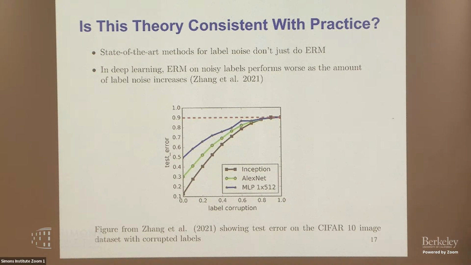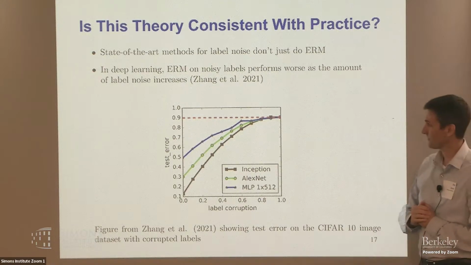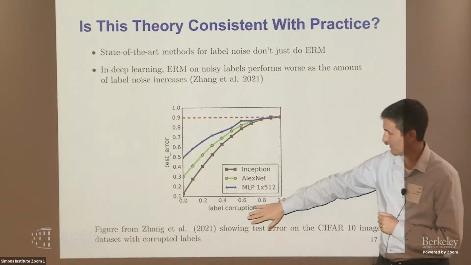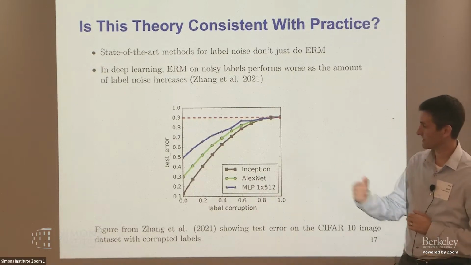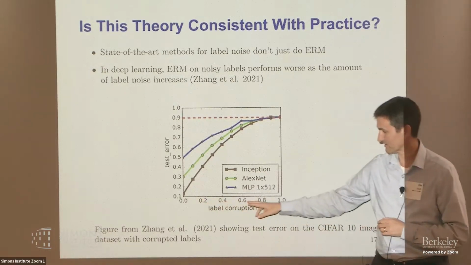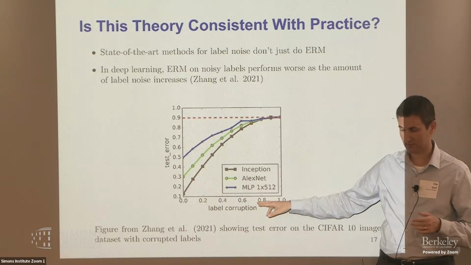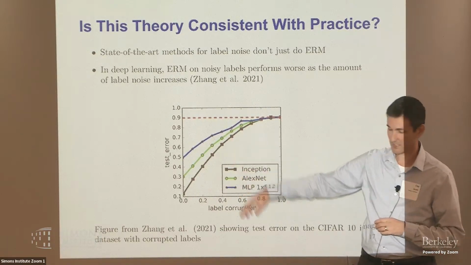For another thing, in deep learning, it's well known that if we just do ERM on the noisy labels, the performance degrades as the amount of label noise increases. Here's a figure taken from this paper that illustrates this, where the horizontal axis is the percent of corruption in your labels, and this is test error.